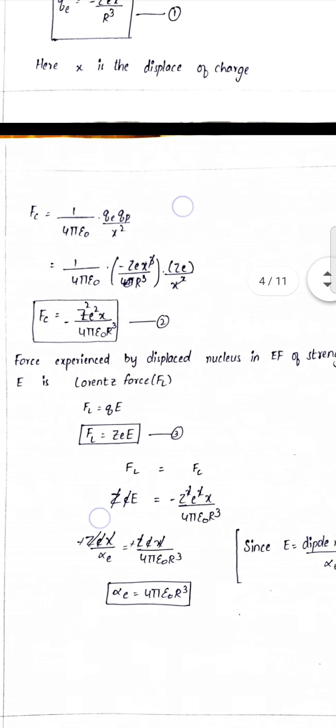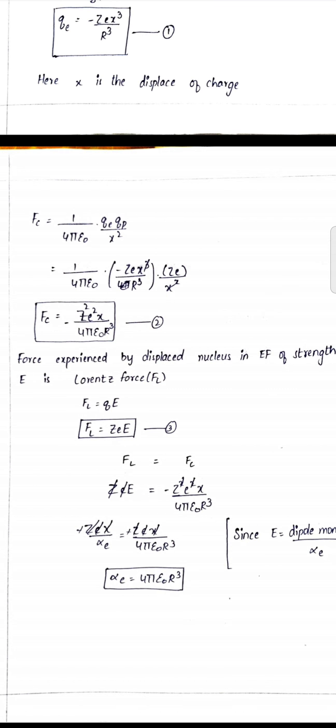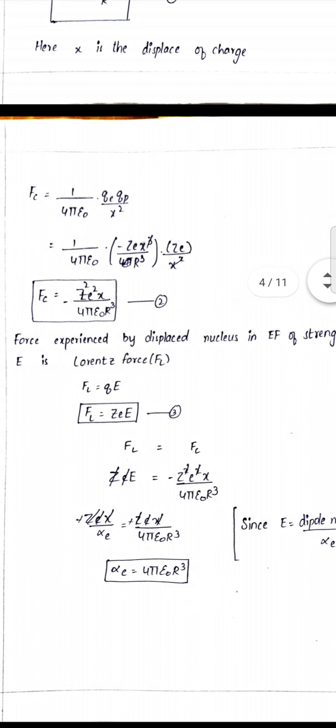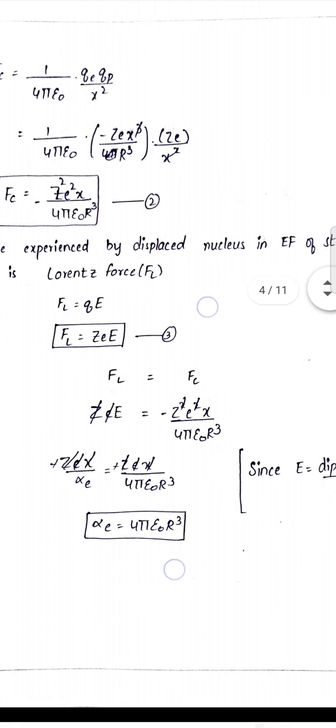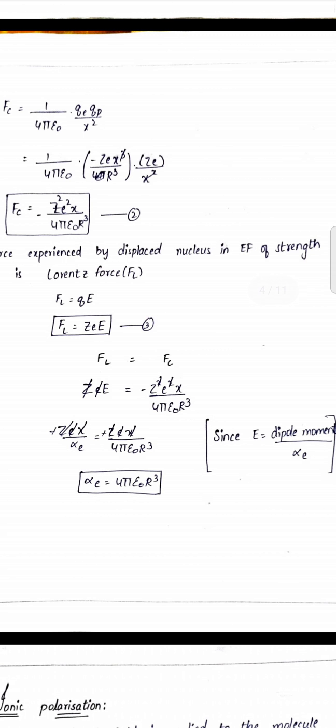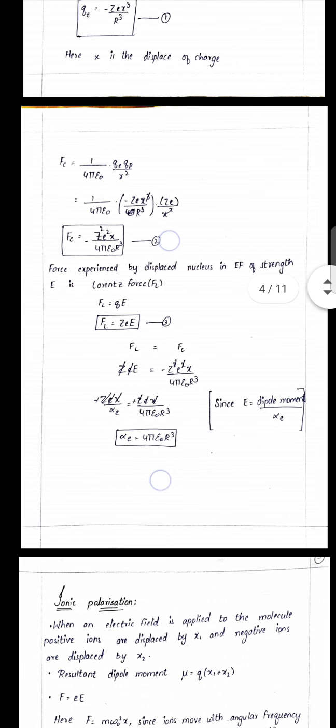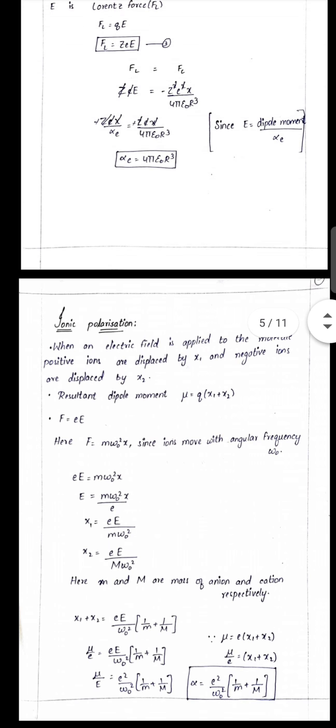In an atom, to maintain equilibrium, the Coulombic force and the Lorentz force must be equal. Here the Lorentz force is ZeE. If the Coulombic force and Lorentz force are equal, we get alpha equals 4 pi epsilon naught r cube. By this we complete the electronic polarization.